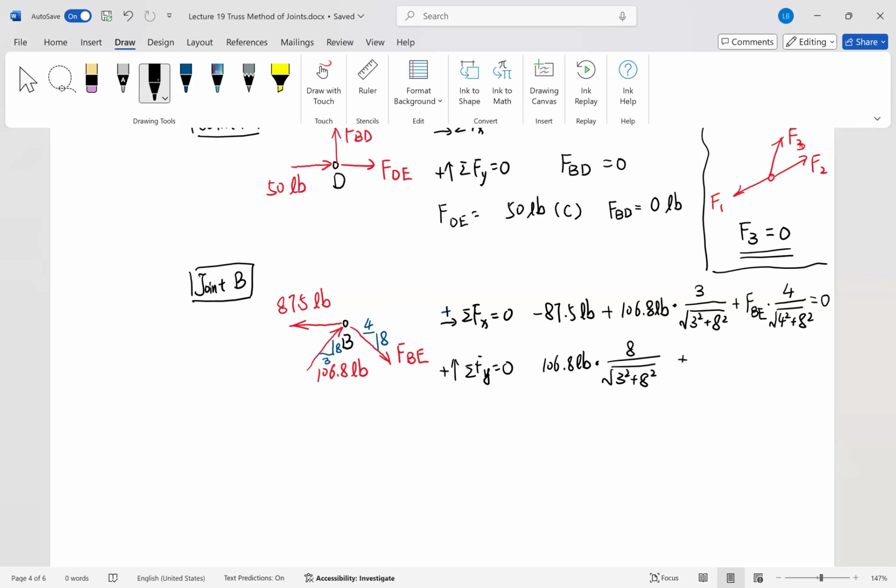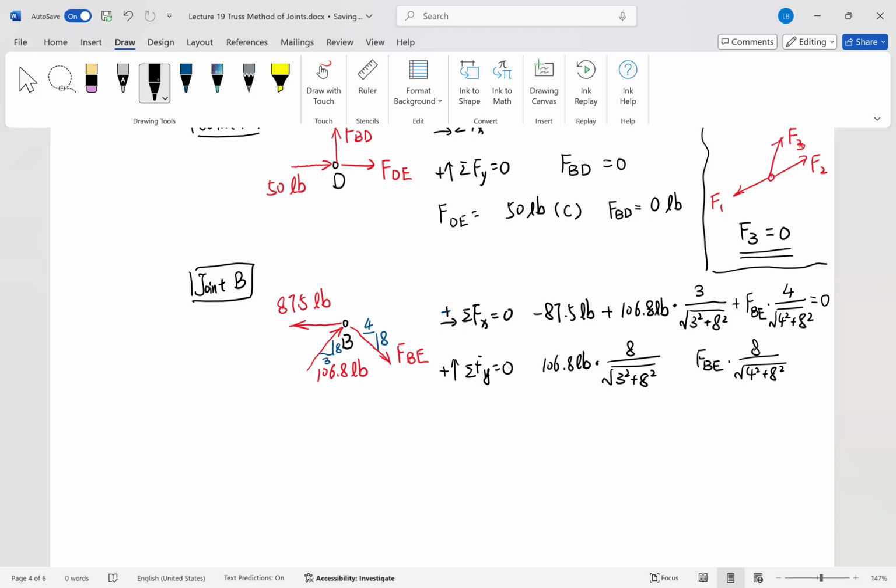And we also have the y component of the unknown force. Again, it is the ratio between the height to the hypotenuse. Note whether it is upward or downward.